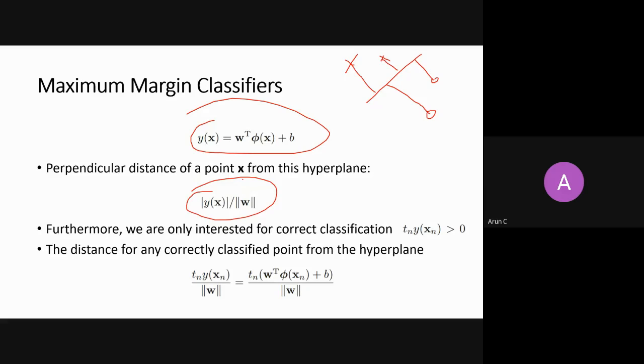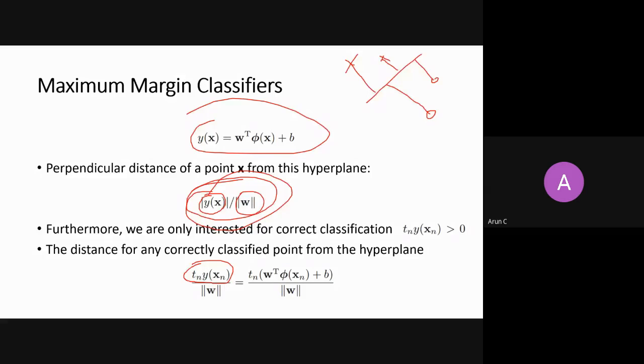How to do that? This is the formula to calculate a perpendicular distance. You are plugging your point into the equation of a hyperplane and dividing it by the norm of W. W tells you the orientation of the hyperplane. If it is correctly classified, this condition always holds. I am assuming that my hyperplane is doing well, that my accuracy is 100%, and this condition will always hold.